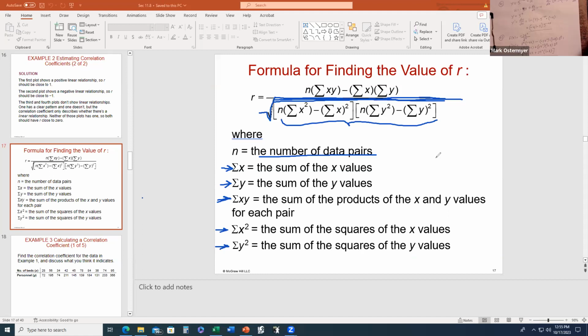So there's a lot of summations of different things that go into this formula here. And I indicated to you that statistician Carl Pearson came up with this formula. And for that reason, this coefficient is oftentimes called the Pearson correlation coefficient of an ordered paired data set.